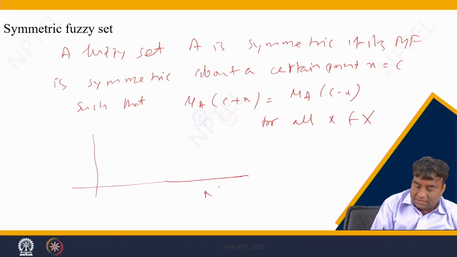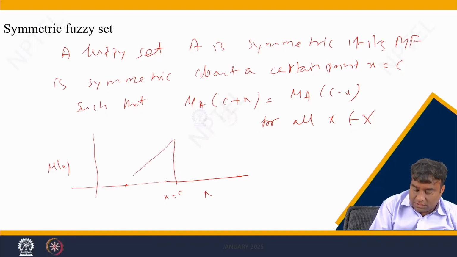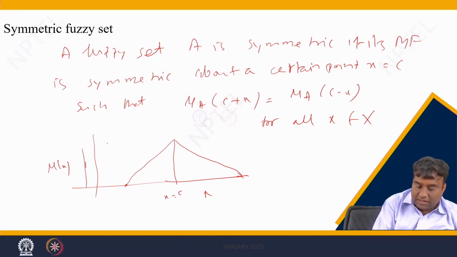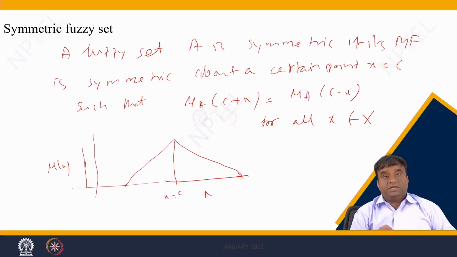That is x, this is mu x. Suppose this is a triangle with x equal to c here. Suppose these two points are at equal distance, and this value is 1. So you can check this is a symmetric fuzzy set.